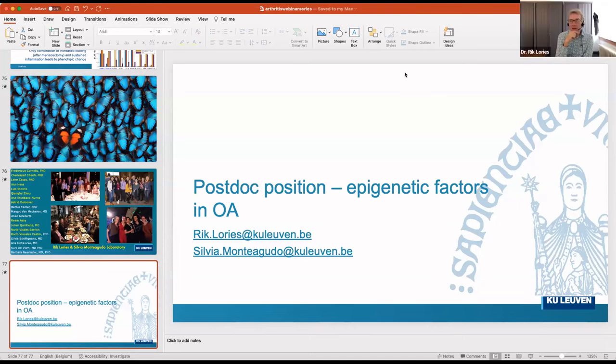Yeah, again, not an easy one. I've worked a lot in the past on BMP, bone morphogenetic protein, and TGF-beta signaling, mostly in the context of axial spondyloarthritis, but also somewhat in the context of cartilage biology.